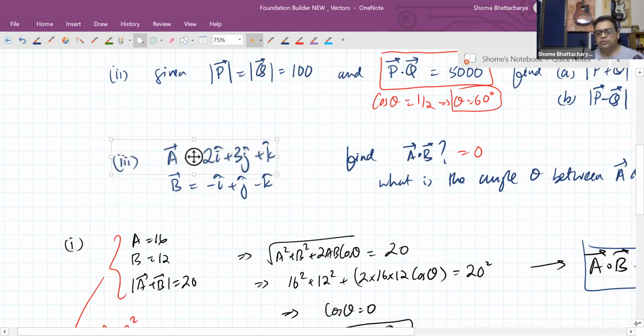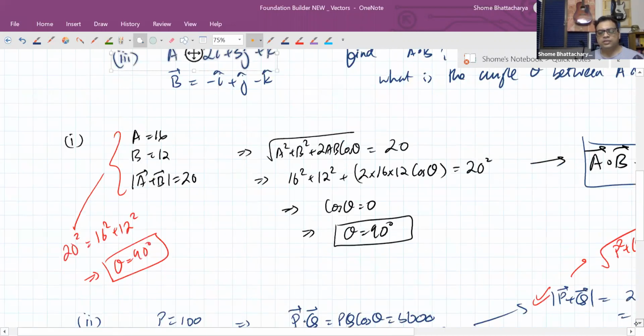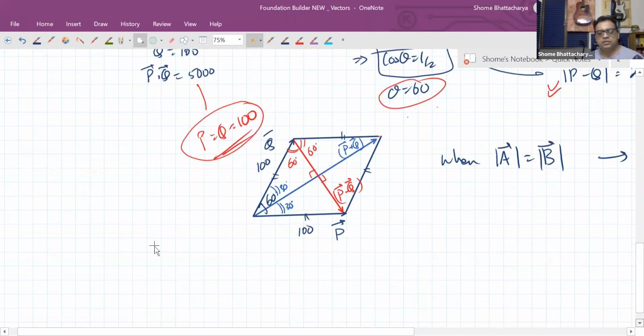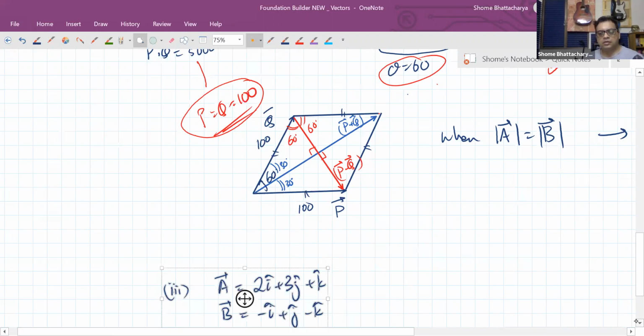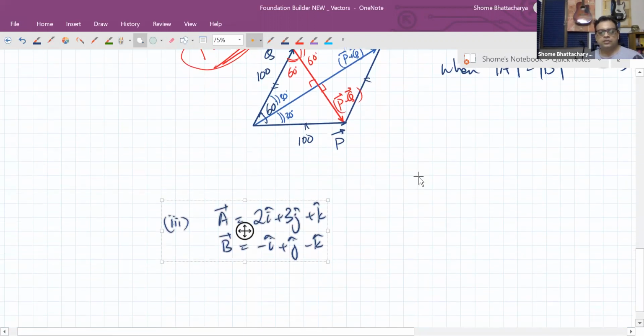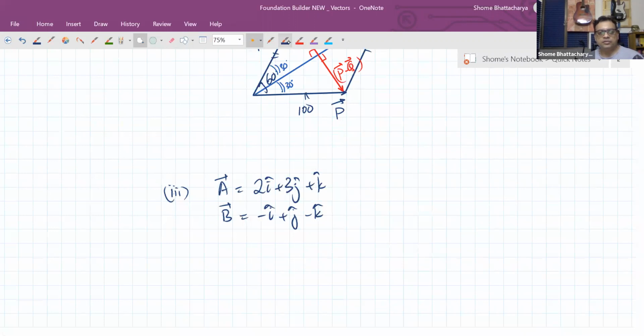So for this information given about vectors A and B, we have to find out the angle between them and the dot product.